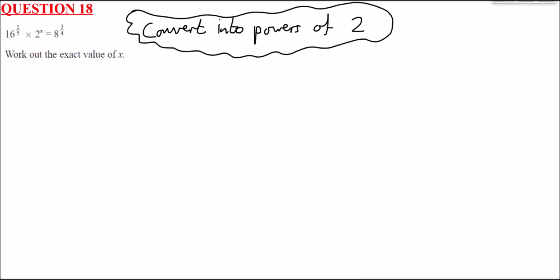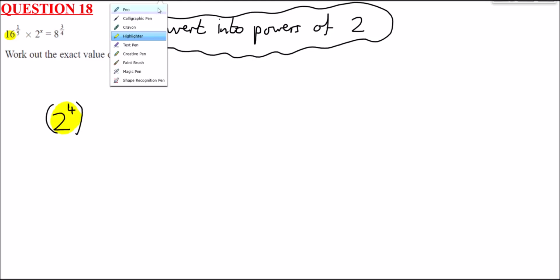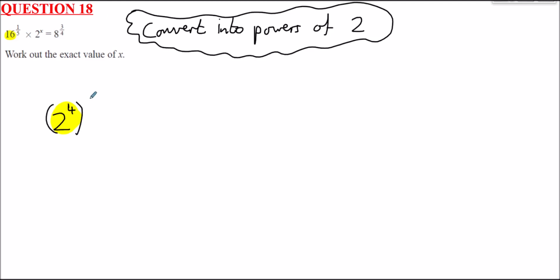So I'm just going to do this one number at a time. So 16 to the power 1/5. I'm just going to rewrite 16 as 2 to the power 4, because 2 to the power 4 is 16. So I'm going to rewrite 16 like so, but of course it had a power on it. It's a power 1/5.